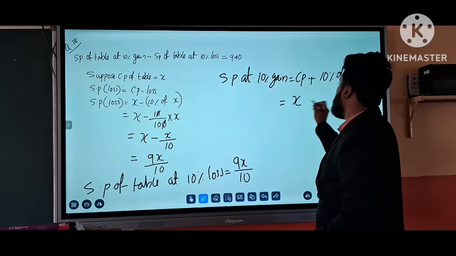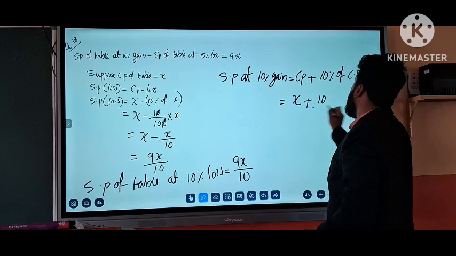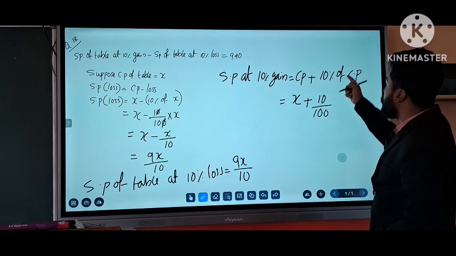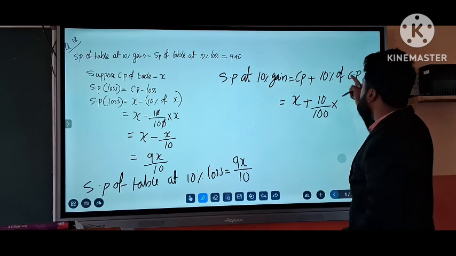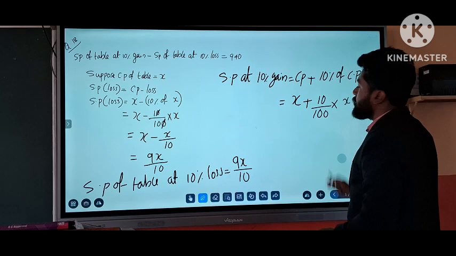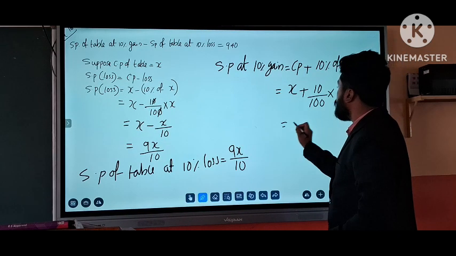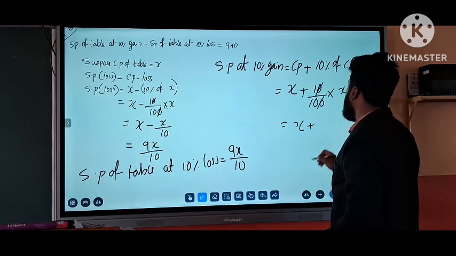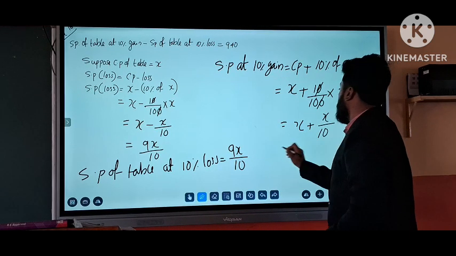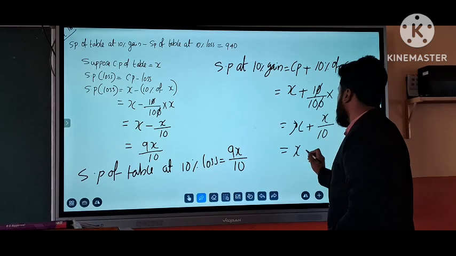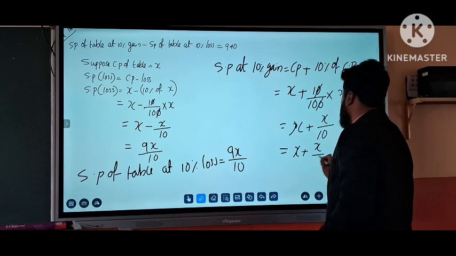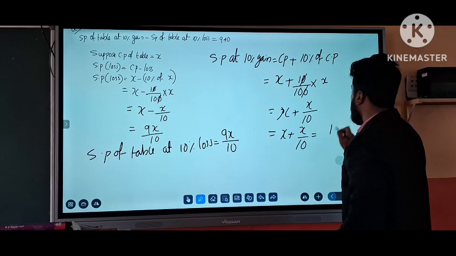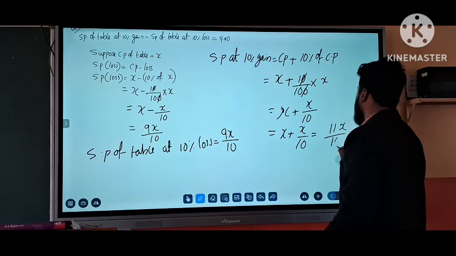That is X plus 10% of X. Here the percentage sign can be replaced by 100 and of can be replaced by multiplication, CP can be replaced by X. So that is X plus X by 10, that is 10X plus X, that is 11X divided by 10.